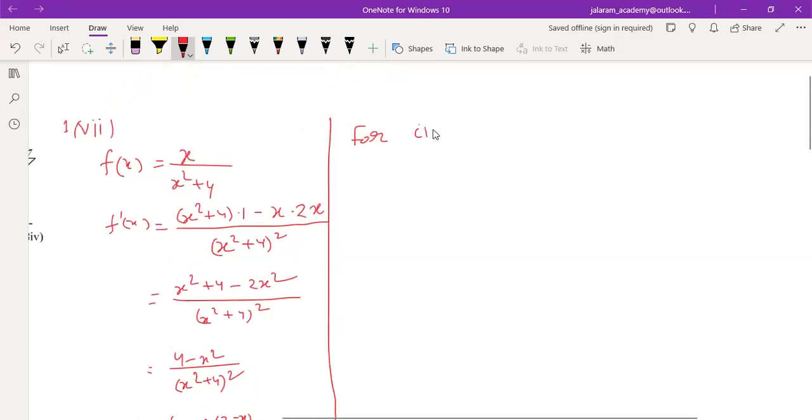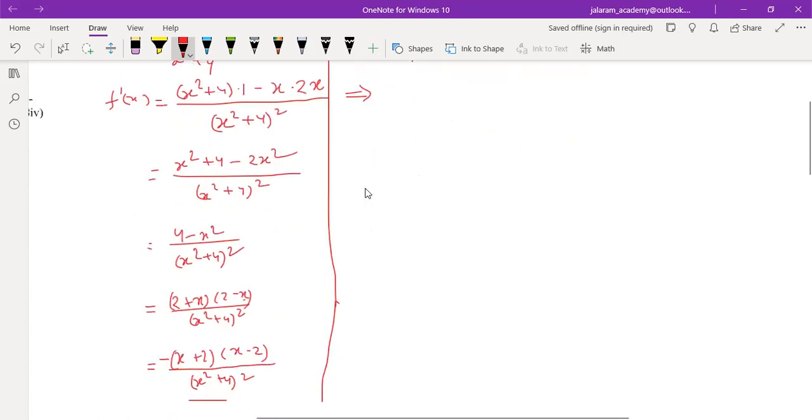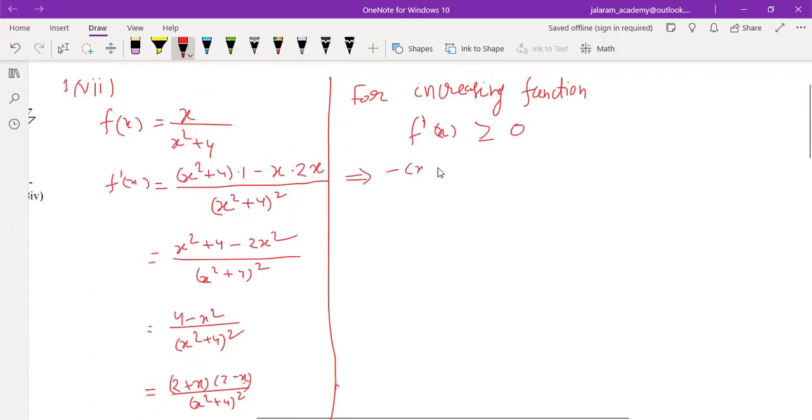Now for increasing function, what is the condition? Differentiation should be greater than or equal to 0. f dash x must be greater than or equal to 0. It implies minus x plus 2 into x minus 2 over x square plus 4 whole square is greater than or equal to 0.